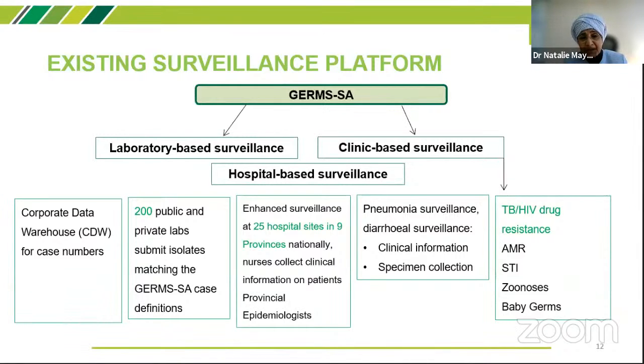So if you just look at the DATCOF system, they've got all the private and public hospitals on a surveillance system that was rapidly instituted for COVID. But certainly we could leverage some of these activities that do exist. The National Health Laboratory Service performs 93 million tests per annum.